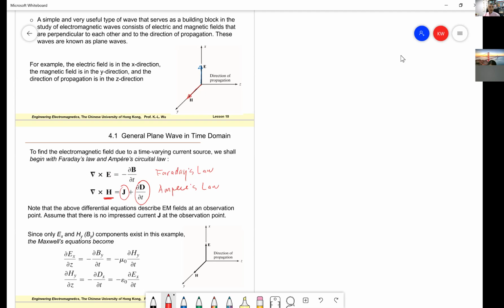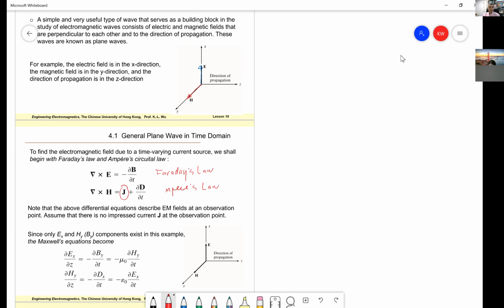If you don't see the current but you still can pick up a signal, what that means is the field around you is created by the time varying electrical field. So the current J only exists in a very, very small region.